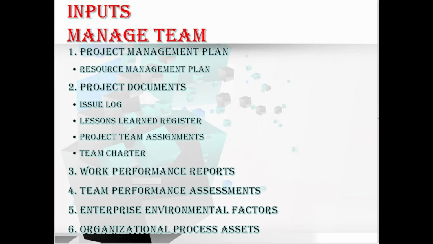Next, project team assignments. The project team assignments identify the team member roles and responsibilities. Moving to the team charter. The team charter provides guidance for how the team will make decisions, conduct meetings and resolve conflicts. Hope you clearly understood this first input.